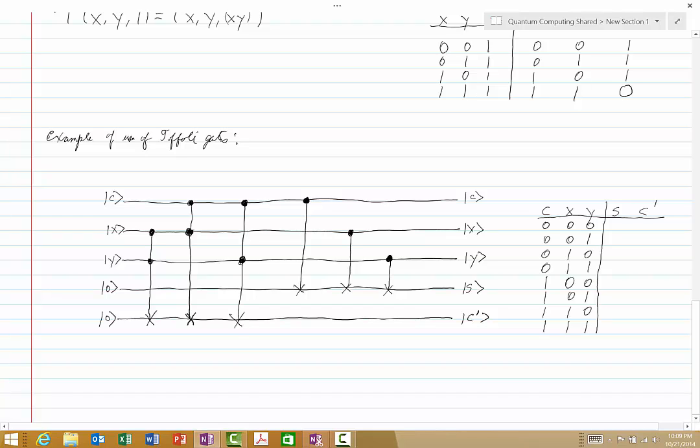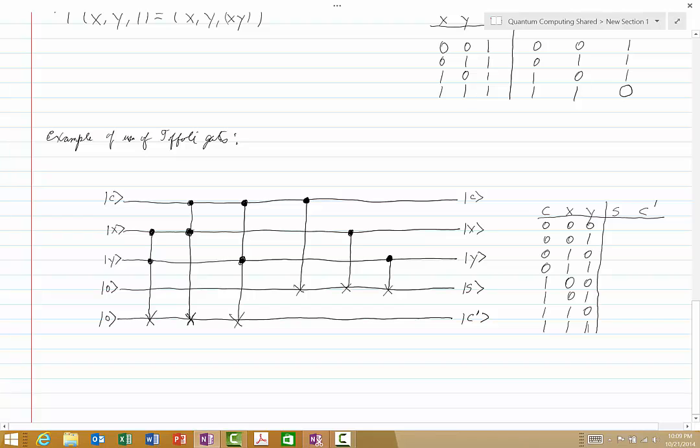But the last 2 outputs will be named S and C prime. And you can see that over here on the right, I've put a truth table. We want to figure out what S and C prime will be under each of these 8 possible combinations of values of C, X, and Y.